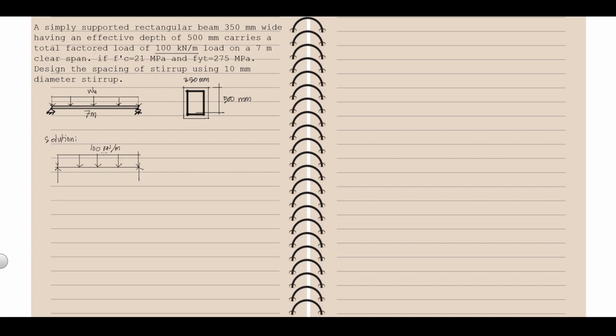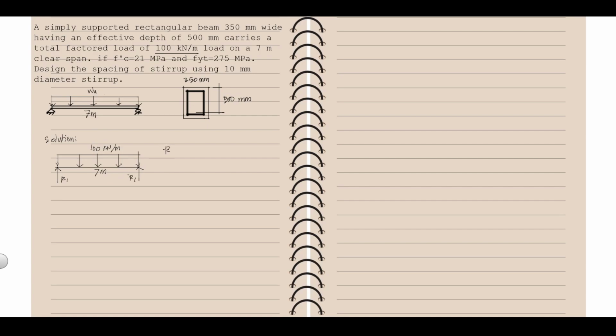Okay? So 7 meters to. So we need to get the reaction here. So ang reaction natin is 100 times 7 divided by 2. Right? So ito, this is R1 and this is R2.